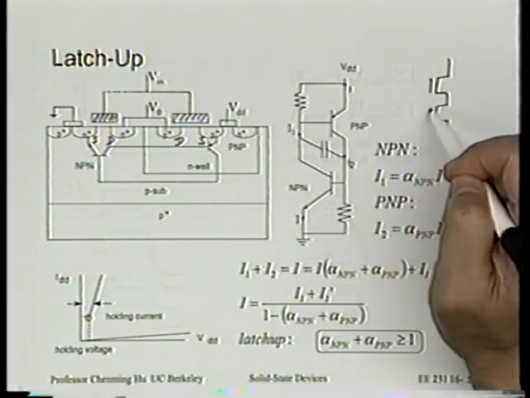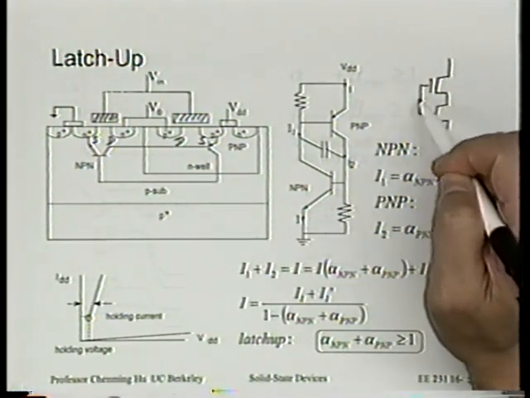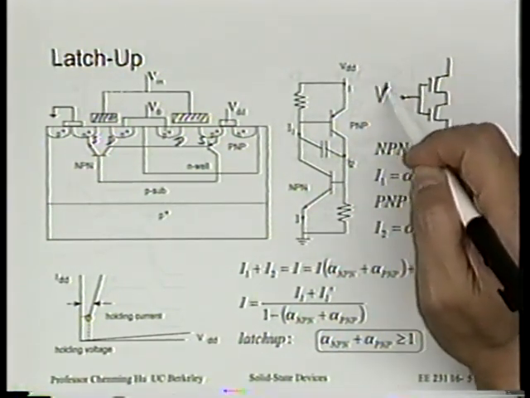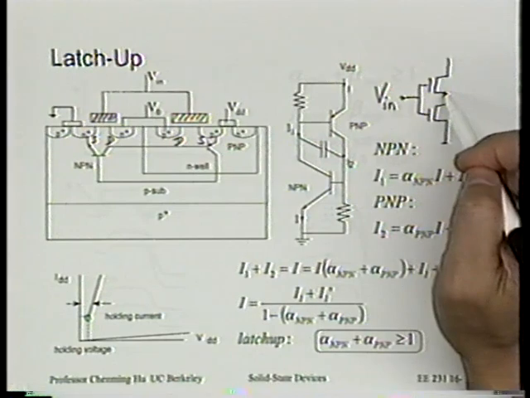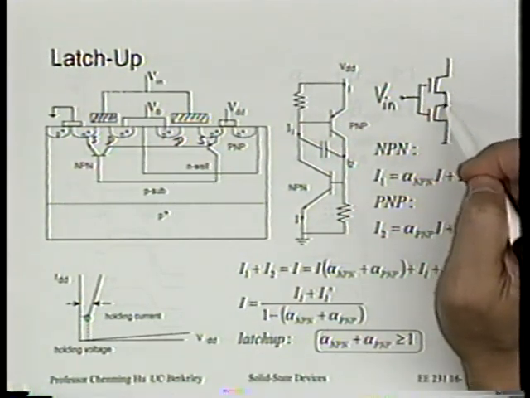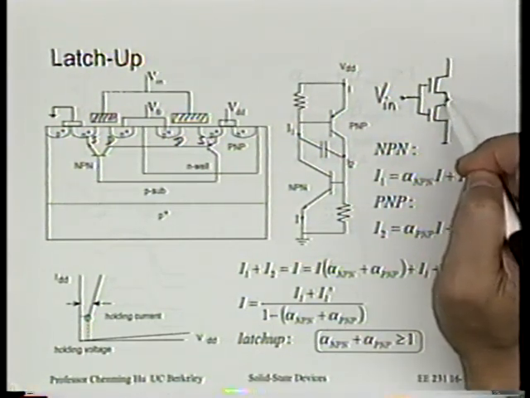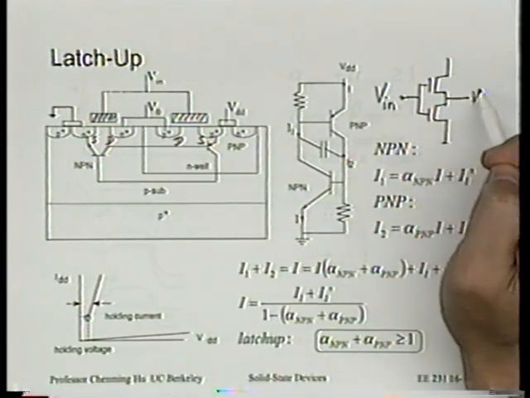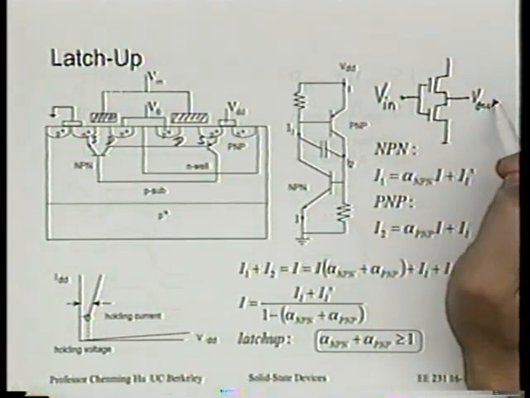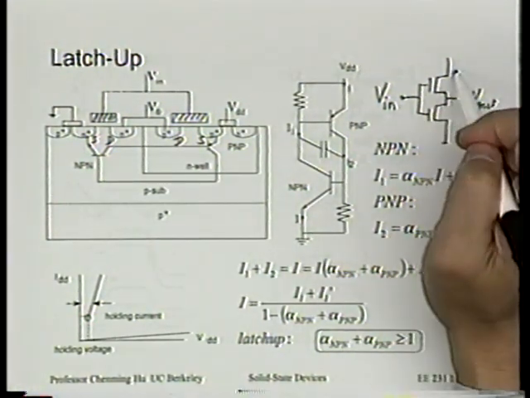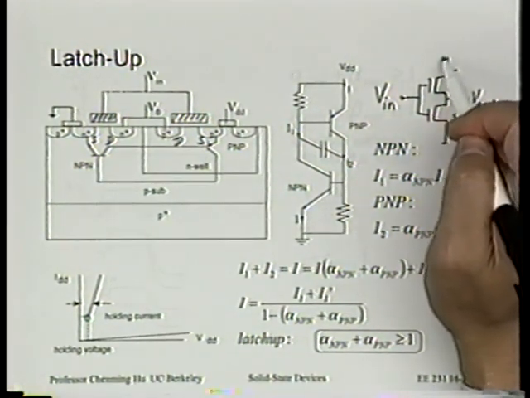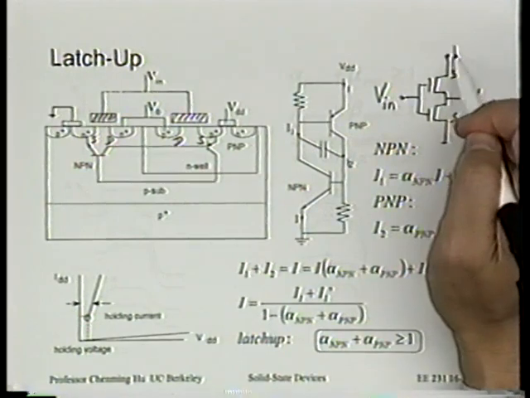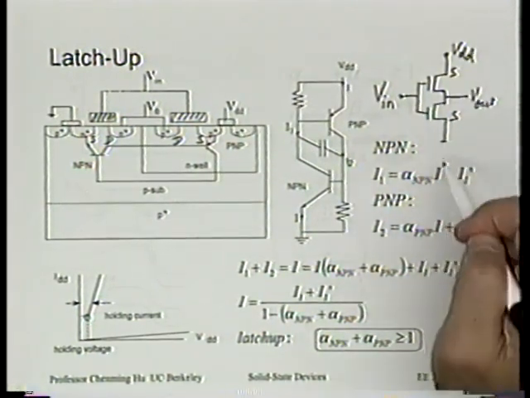If I draw the circuit diagram for this inverter, this is what we look at. The two gates of the N-channel and P-channel transistors are connected, and the voltage applied to that gate is called input, Vin. The two drain nodes of the two transistors are connected together, and this voltage is called the output voltage. The two source nodes are connected to the two power supply leads, one is VDD, one is ground.